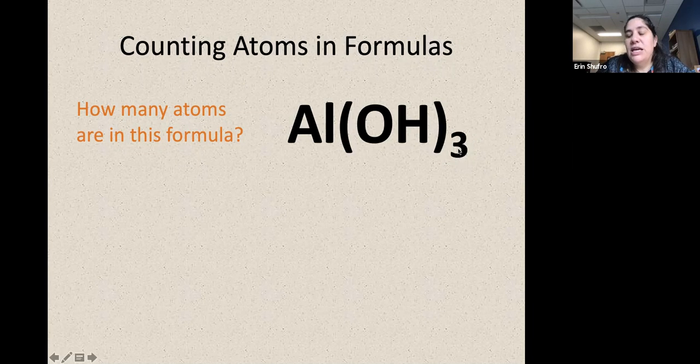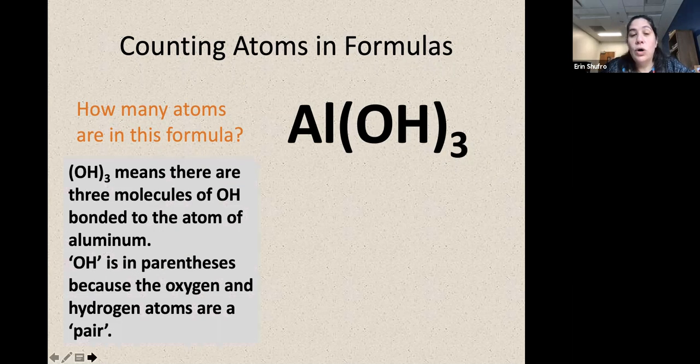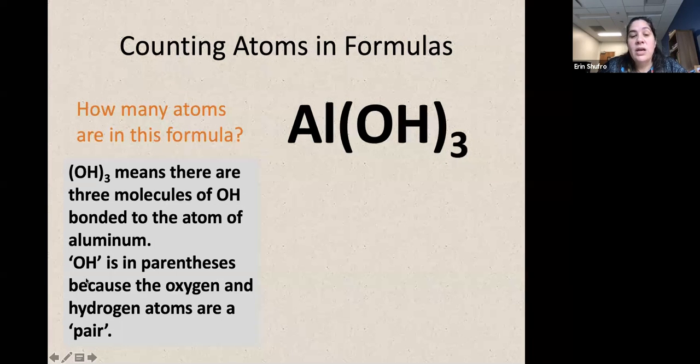The 3 here indicates that you have 3 of everything inside of the parentheses. So you have 3 oxygens, 3 hydrogens, 1 aluminum. That means there are 3 of these OH bonded to the aluminum. The OH is in parentheses because the oxygen and hydrogen atoms are a pair.